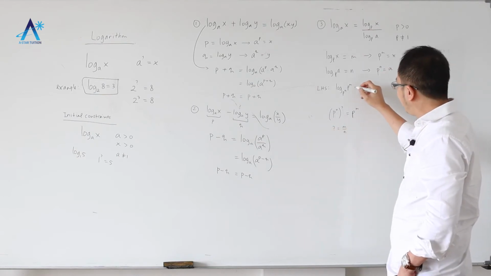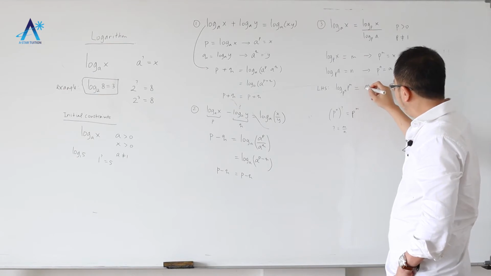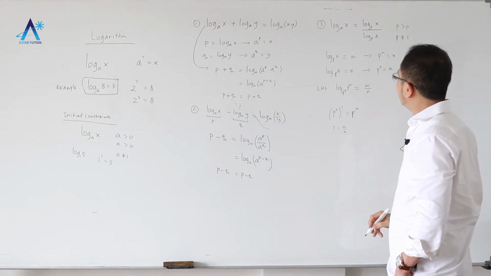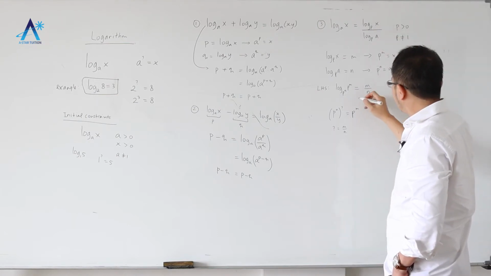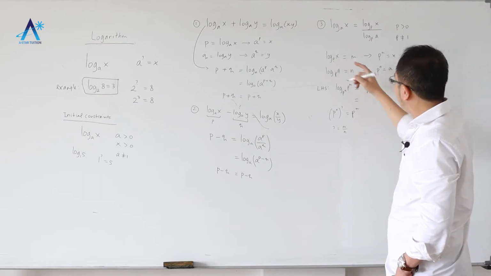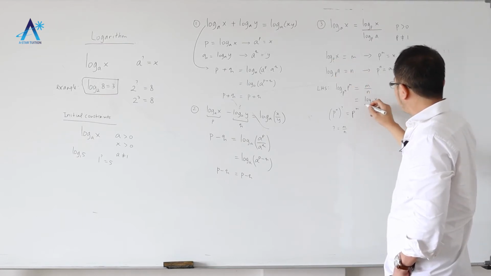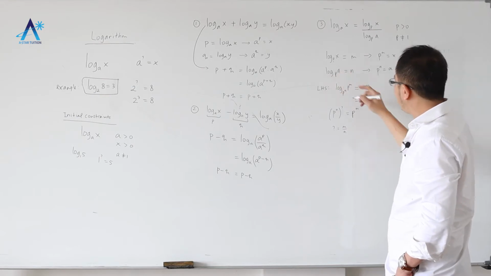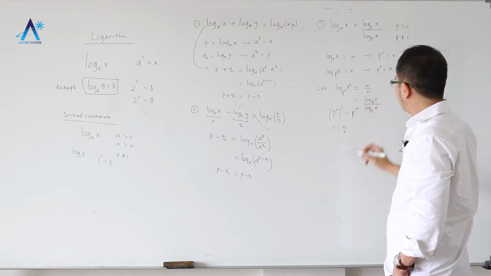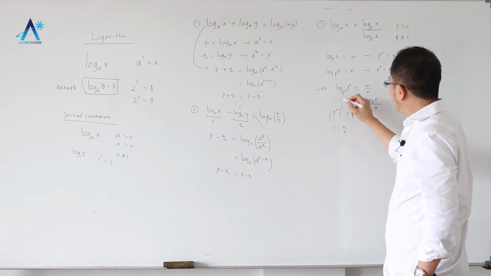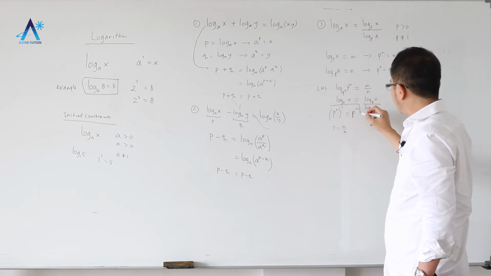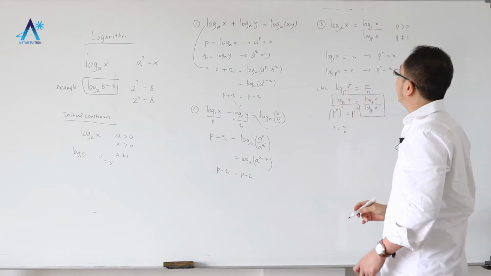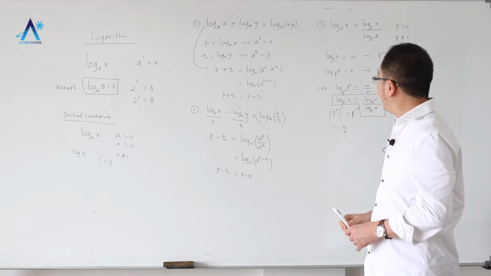And therefore this is equal to m over n, which is equal to this. m itself is log base p of x, while n itself is log base p of a. This is log base a of x. Therefore the third rule has been verified.